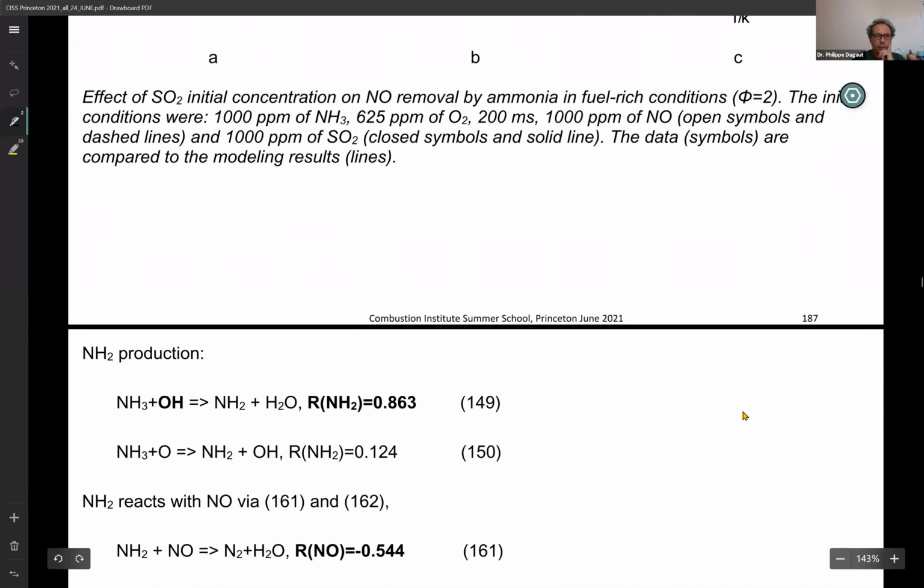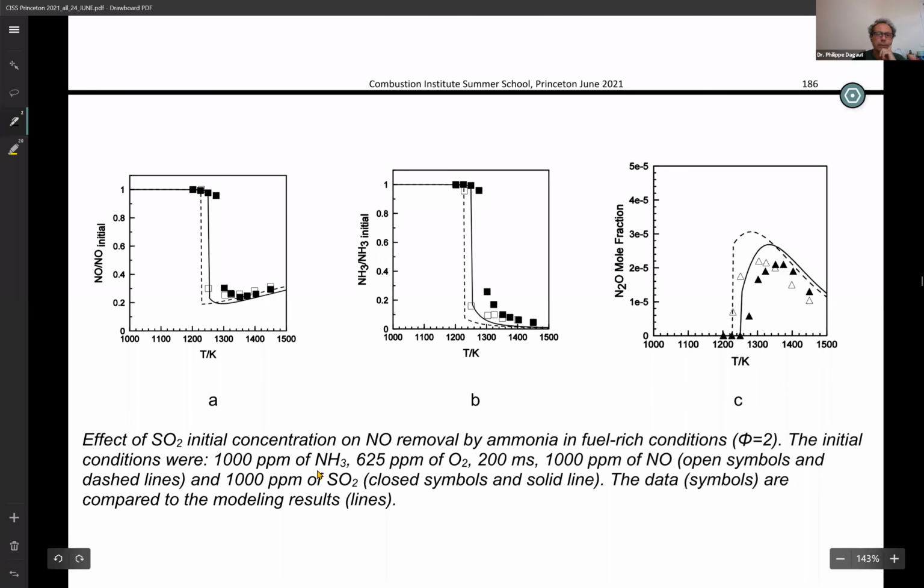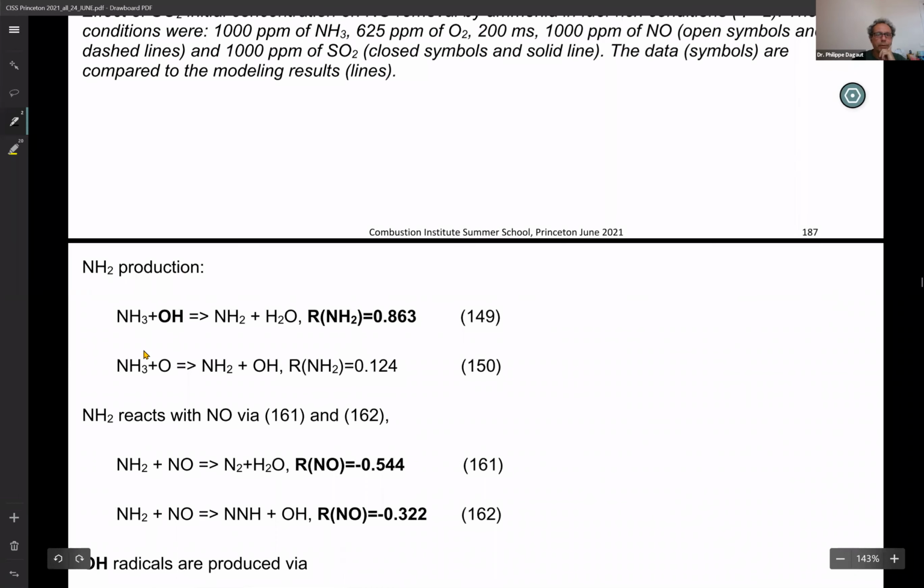We try to understand how it works. We know that the reduction of NO goes through the interaction between NO and NH2. So NH2 is produced by the reaction of NH3 with OH. It's the major route.